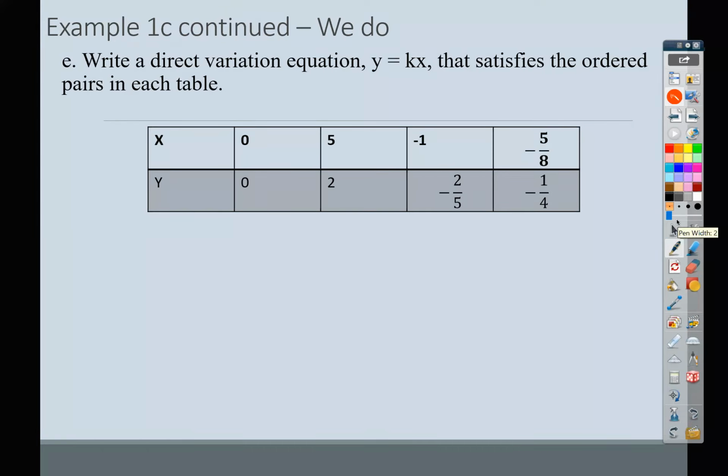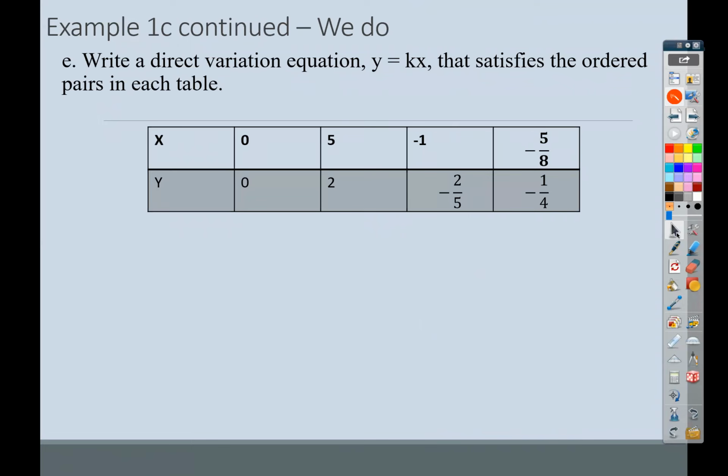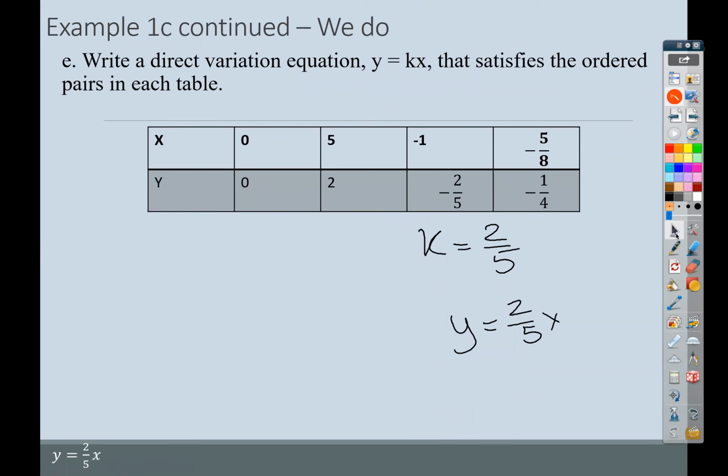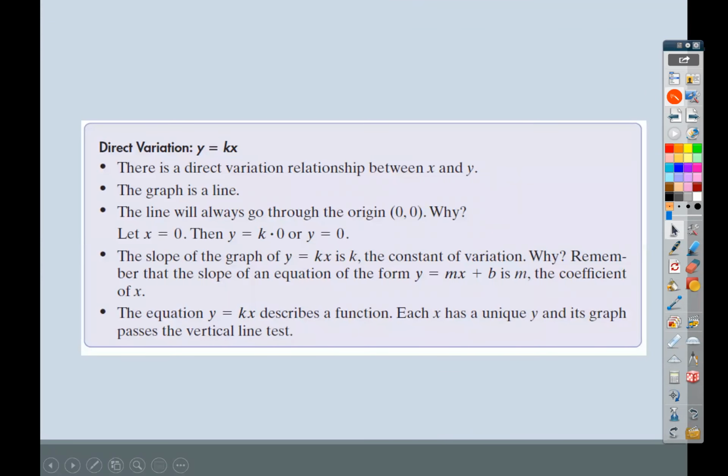Here's one more for you to do. You should have gotten that k is 2/5, so y equals 2/5 x. You can pause this and review on direct variation.